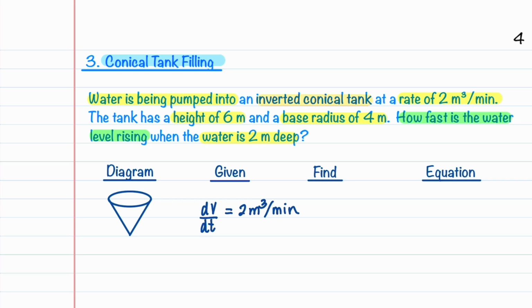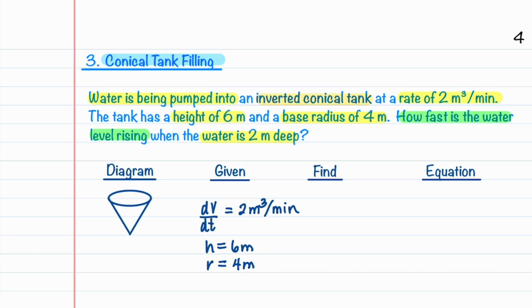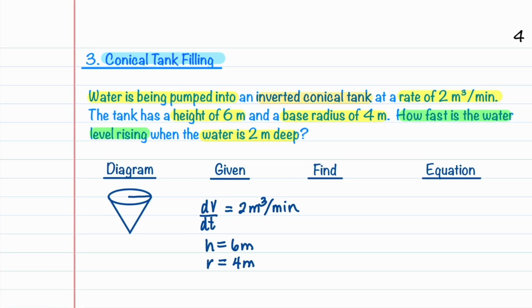The tank has a height of 6 meters, so h is 6 meters, and a base radius of 4 meters, so r is 4 meters.